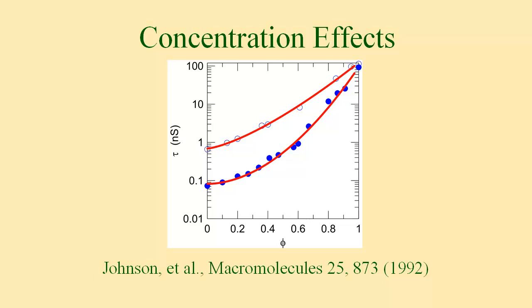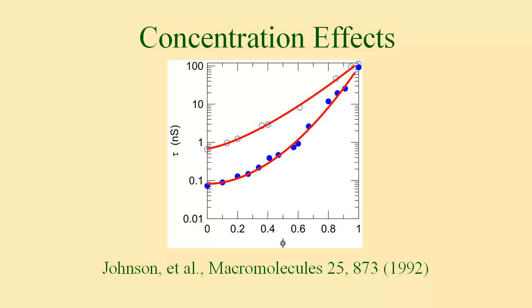The filled circles show the same dye, this time as a small molecule in the same polymer solutions. We see that both relaxation times increase very dramatically as the polymer volume fraction is increased from 0 to 1. The relaxation time for the center segment of the polymer increases by 2 orders of magnitude. The reorientation time for free dye molecules increases by 3 orders of magnitude.